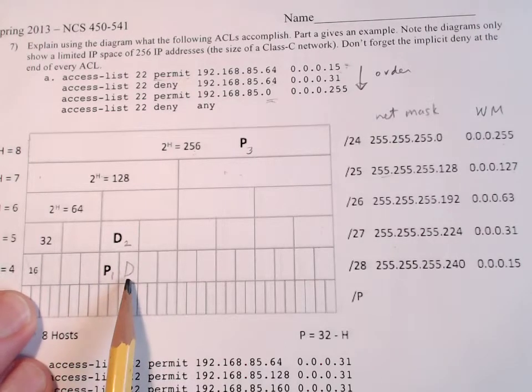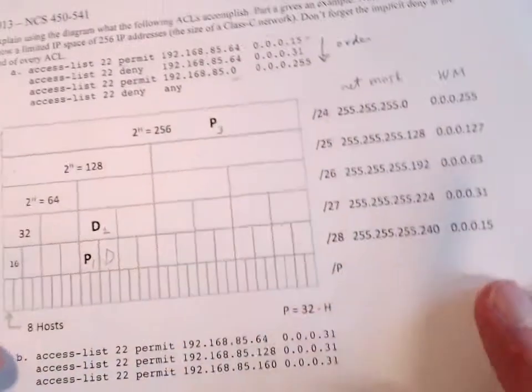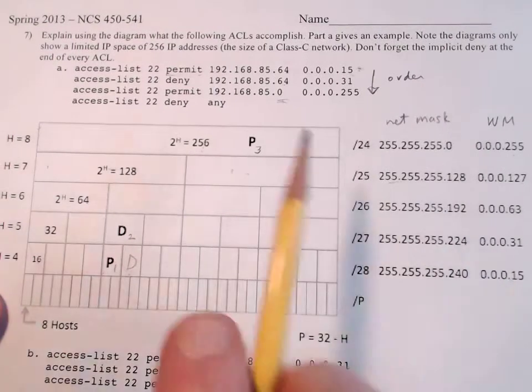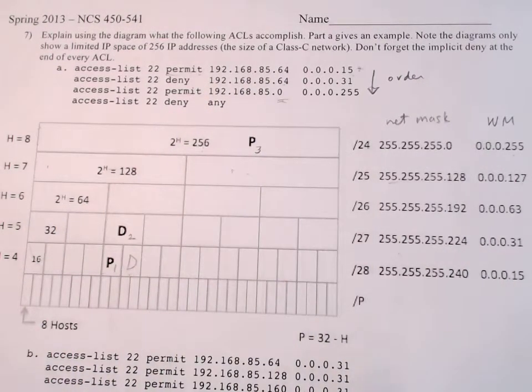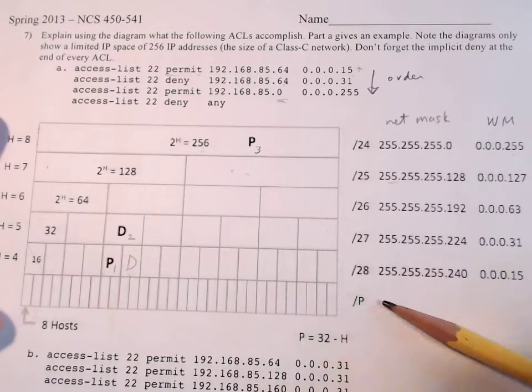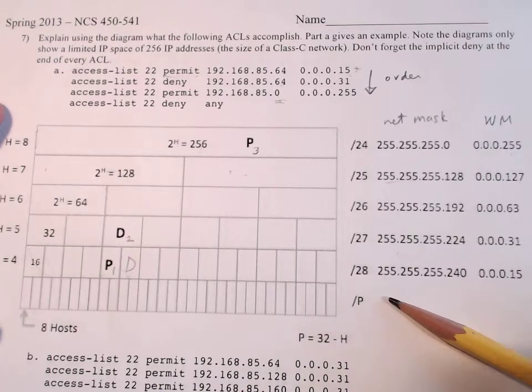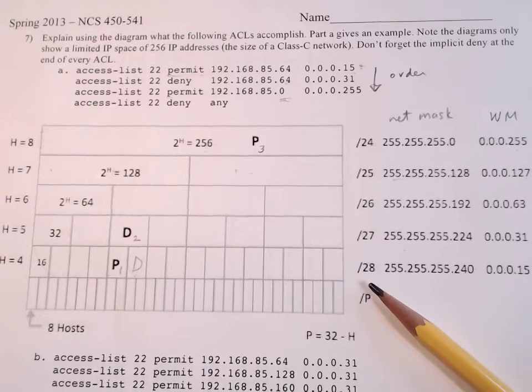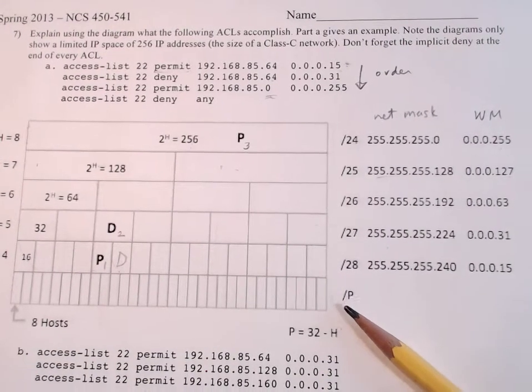Everything is permitted except for this 16 IP address wide subnet. You can use these diagrams to come up with a shorthand way of seeing how to write a shorter access list. That'll be problem 8 though. So this is just an introduction to problem 7 and the idea of using a diagram like this to help you subnet a Class C network.